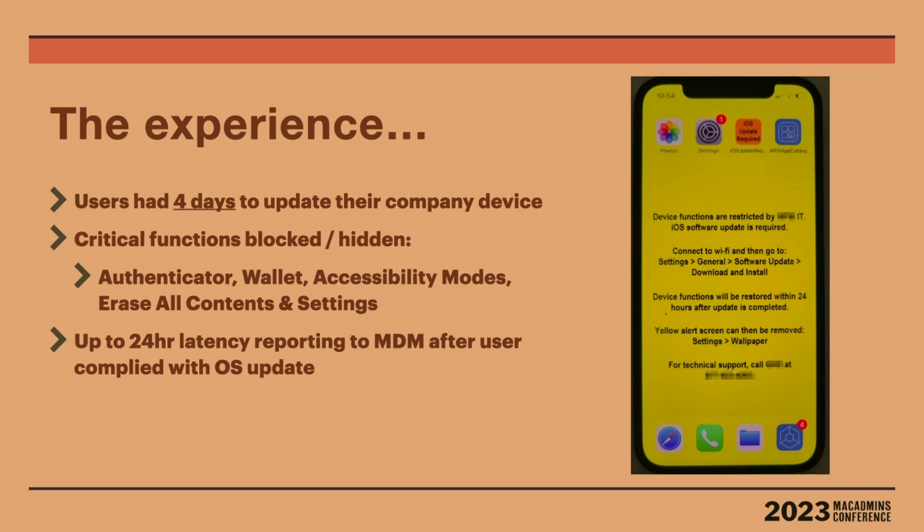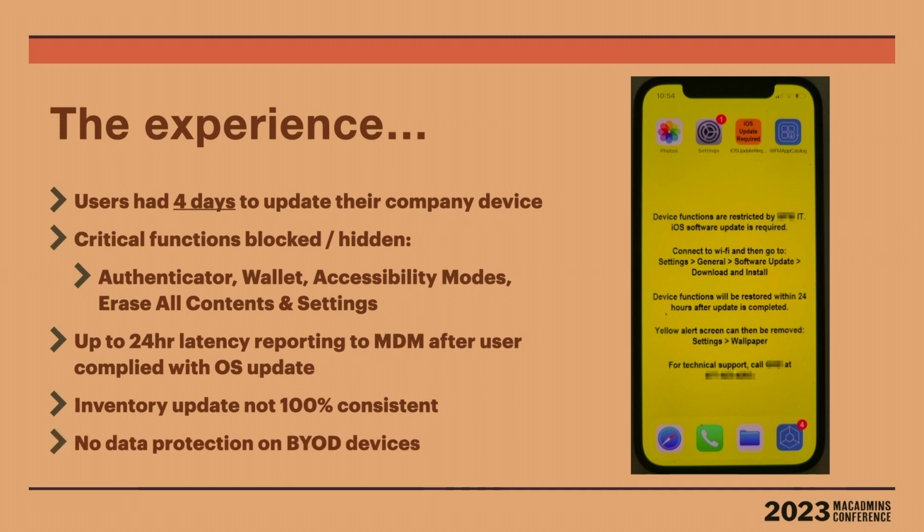That's unacceptable. And unfortunately, because of this, the inventory update wasn't 100% consistent. Moreover, we had no data protection on any BYOD devices. And by that definition, I mean users who configured their Outlook with company mail. We had no controls over those.